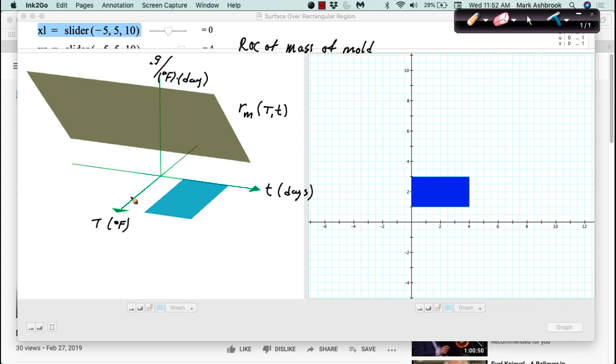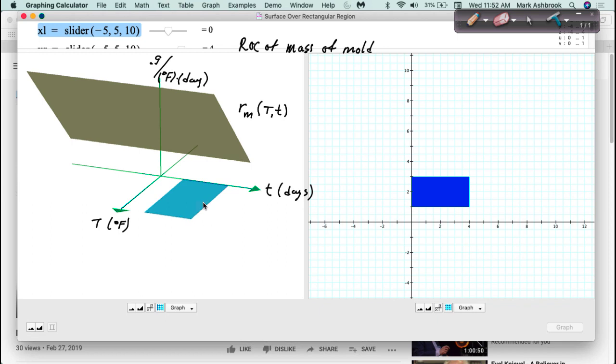Okay, and so then our independent variables are temperature in degrees Fahrenheit on the x-axis, time in days on the y-axis, and then the z values of this surface are rates of change of mold mass per both independent variables. Okay, so that surface kind of looks like this.